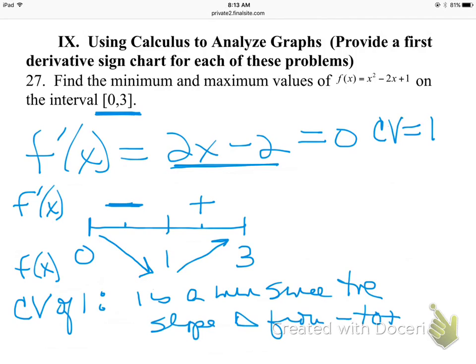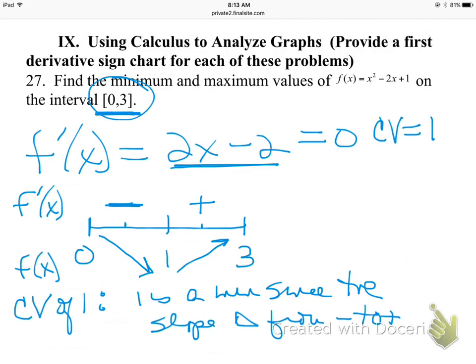Okay, so now we have a complete sign chart. So I know I have a minimum there. Now, I'm only allowed to look in this interval. So now you need a maximum value and a minimum value.